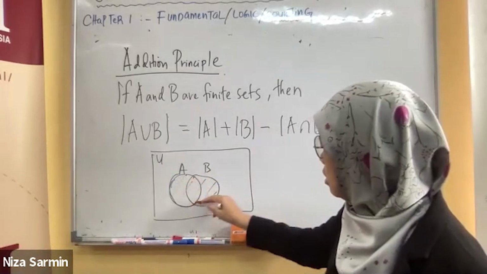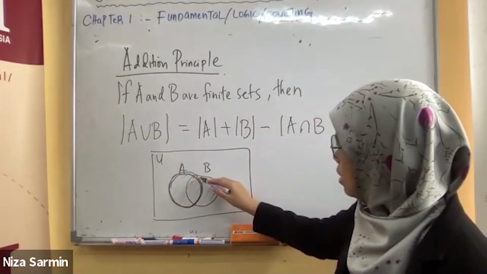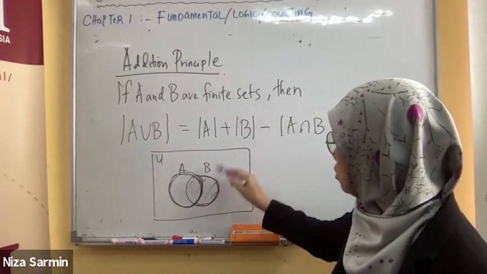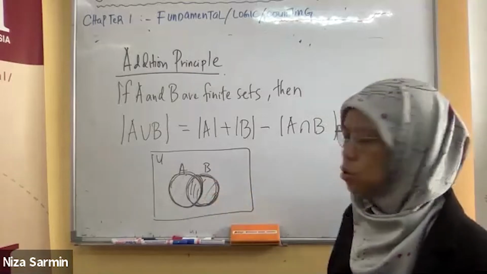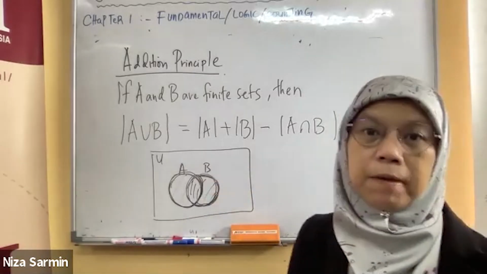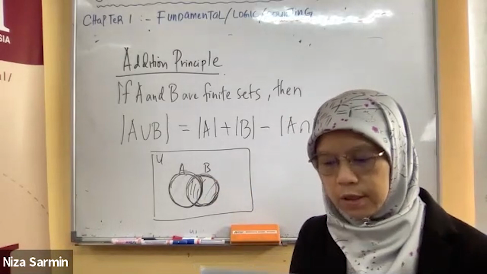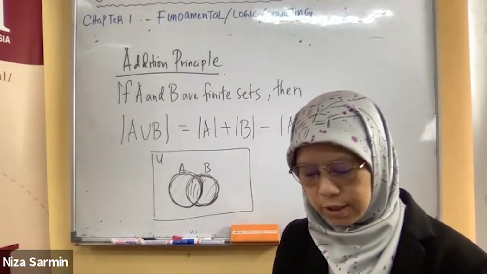Because once you take A, you already take this one. If you want to add, you have to take actually just this. But if you take B, you take again, including this. So you have to subtract back the intersection. Okay. So this is what I have for today.